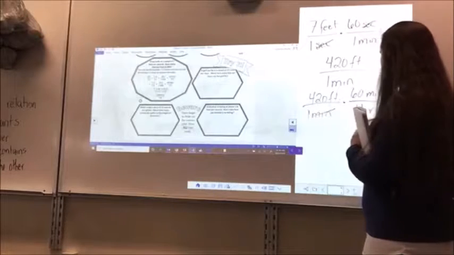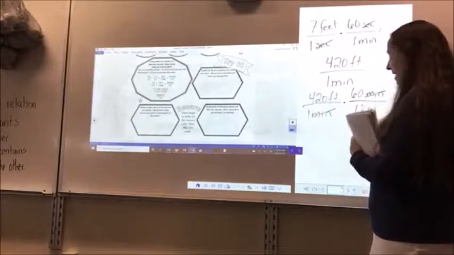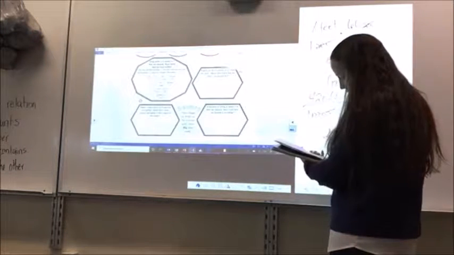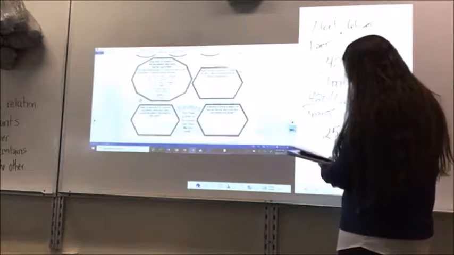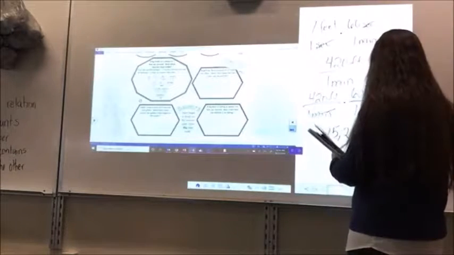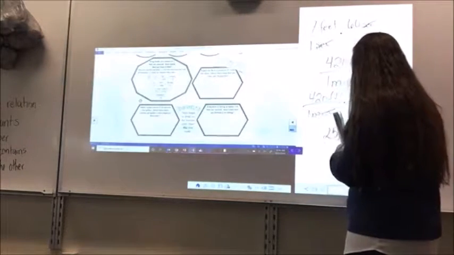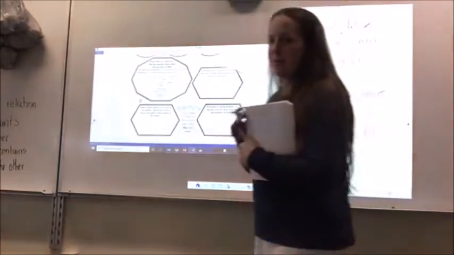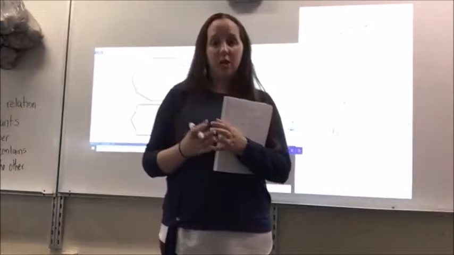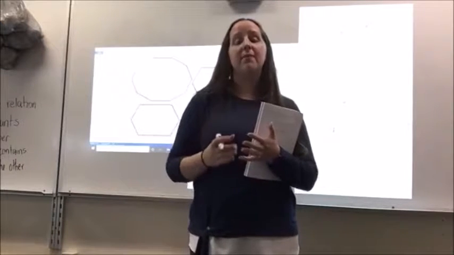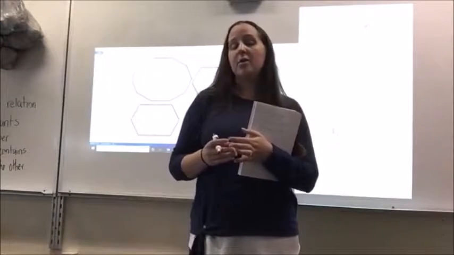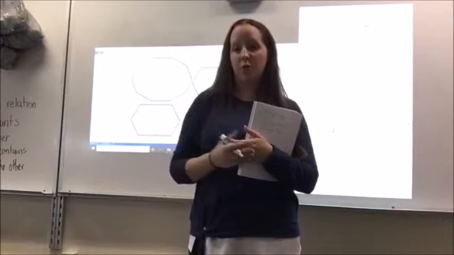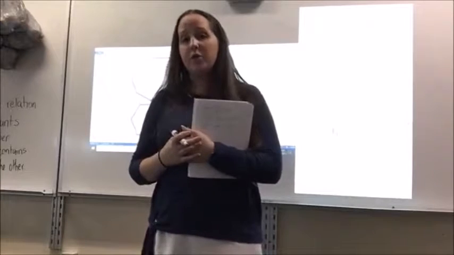My minutes cancel, and I have 420 times 60, which gives me 25,200 feet per hour. Notice how I wrote everything out. Make sure that you're including your units, because these can get very tricky very quickly, and that you're actually crossing things out so you know what you have.